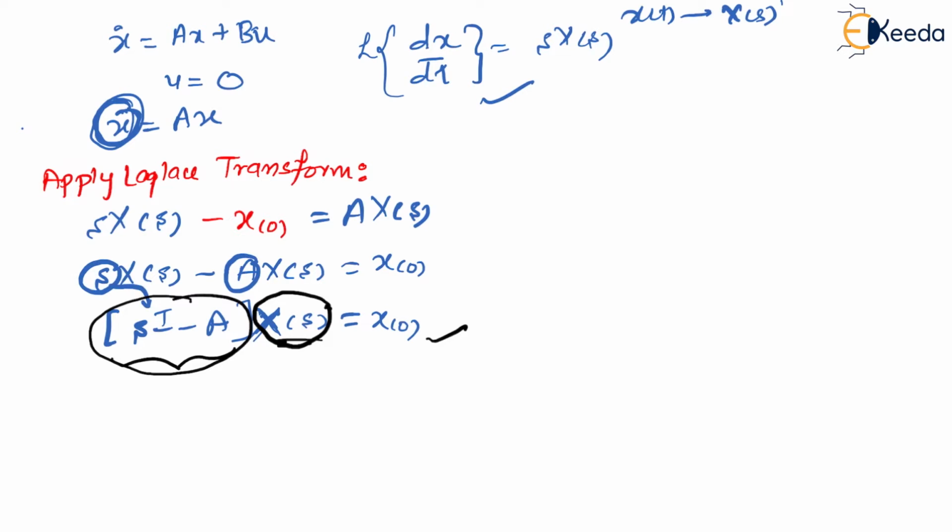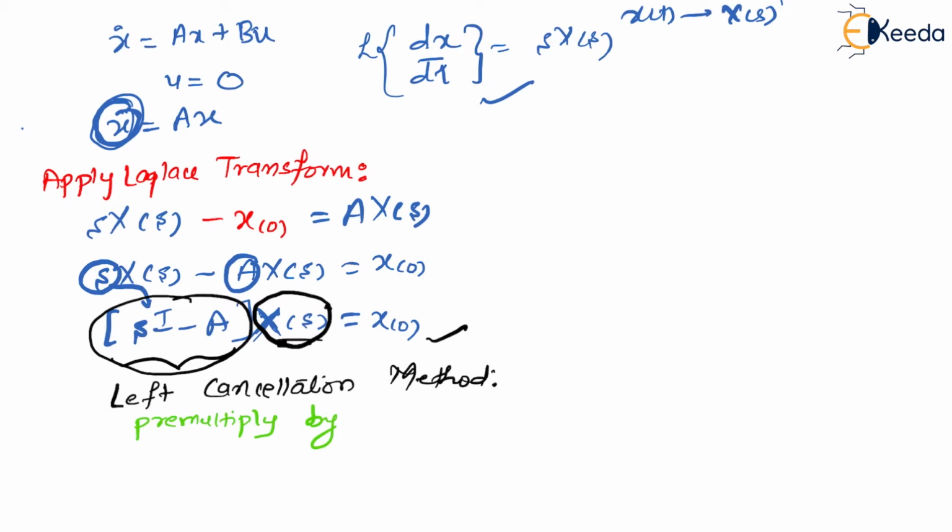If I don't want this one, there is a method which we have talked about earlier as well. It is called the left cancellation method. What do we do here? We pre-multiply, because you have to do it from the left, starting from here. So it is pre-multiply by (sI minus A) inverse.